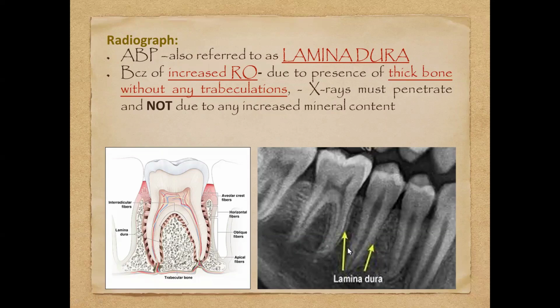This opacity is mainly due to the presence of thicker bone that does not contain any trabeculation, so it is not connected to the mineral content. It is mainly due to the limited penetration of the X-rays, which gives the increased radio opacity feature.